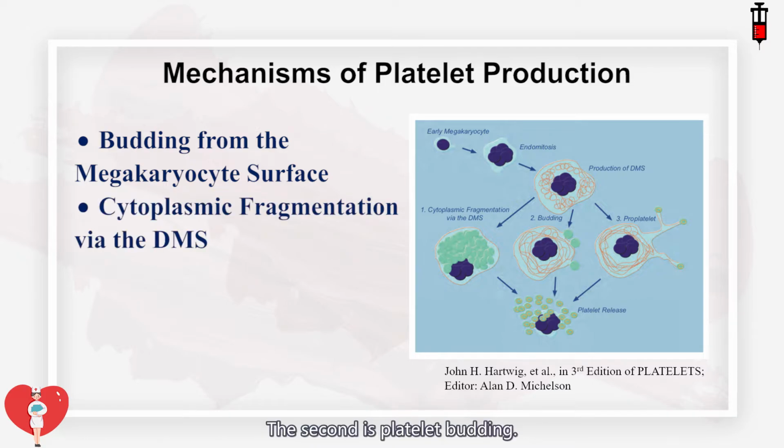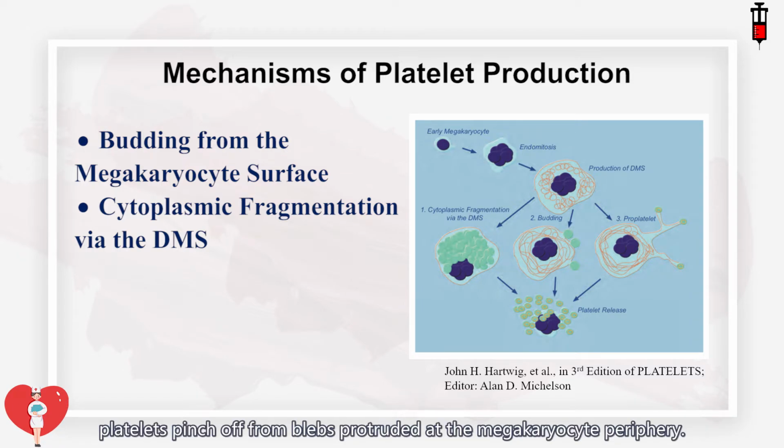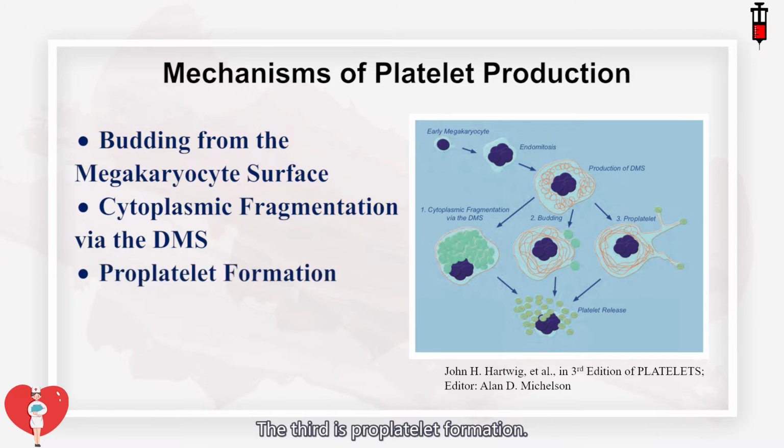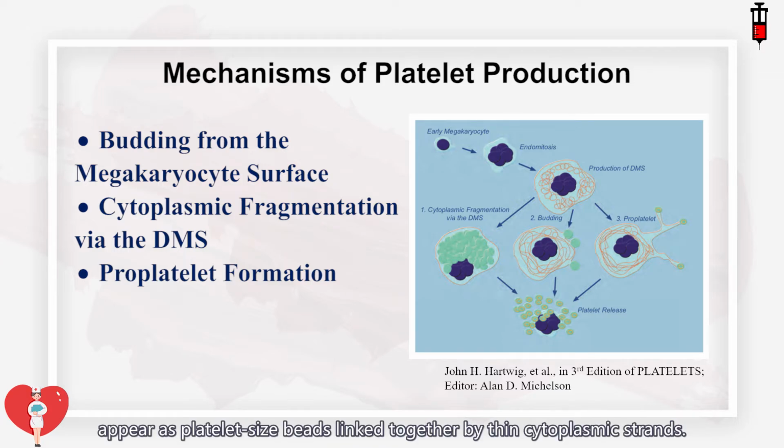The second one is the platelet budding model. In this model, platelets pinch off from buds protruded at the megakaryocyte periphery. The third one is proplatelet formation. The flow mode of platelet formation requires platelets to form through proplatelet intermediate structures, which are long cytoplasmic extensions that appear as platelet-sized beads linked together by thin cytoplasmic strands.